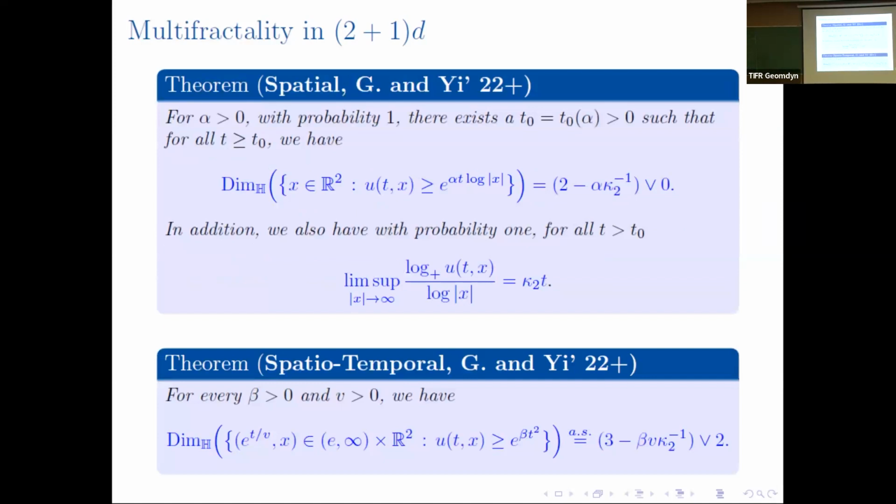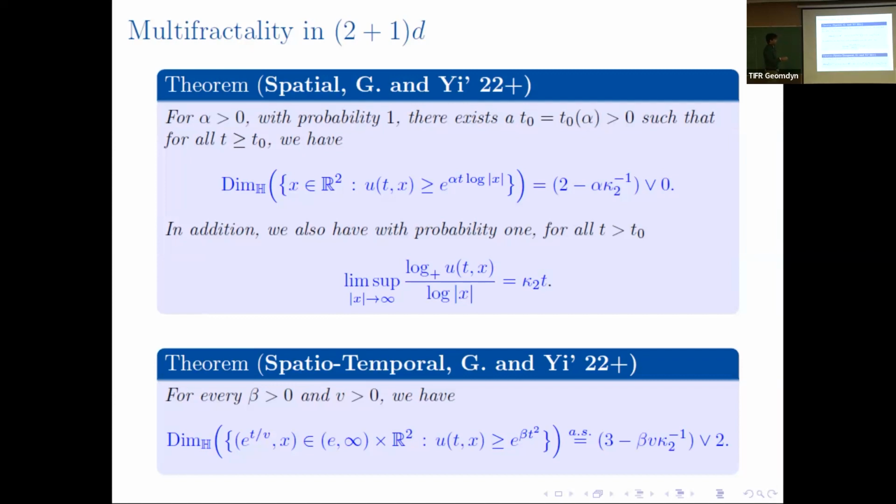Okay, so this is the result that we are able to show, and it proves the multifractality of the landscape. The first result is for a fixed t, just for the spatial profile, and the next one is for the spatio-temporal profile.